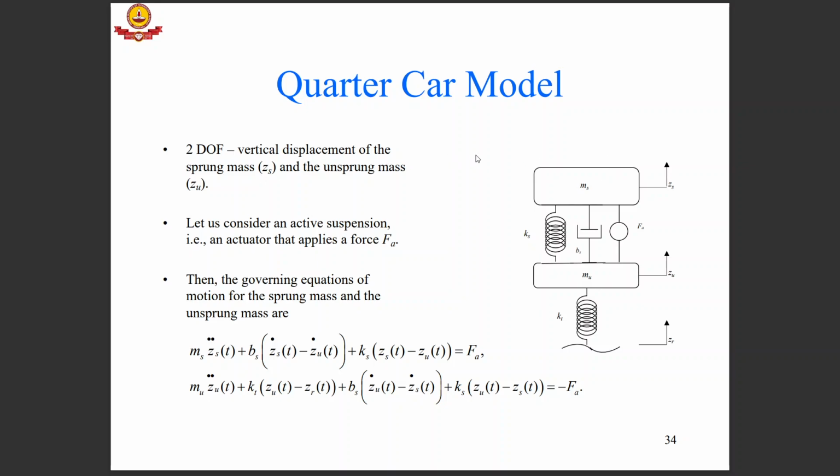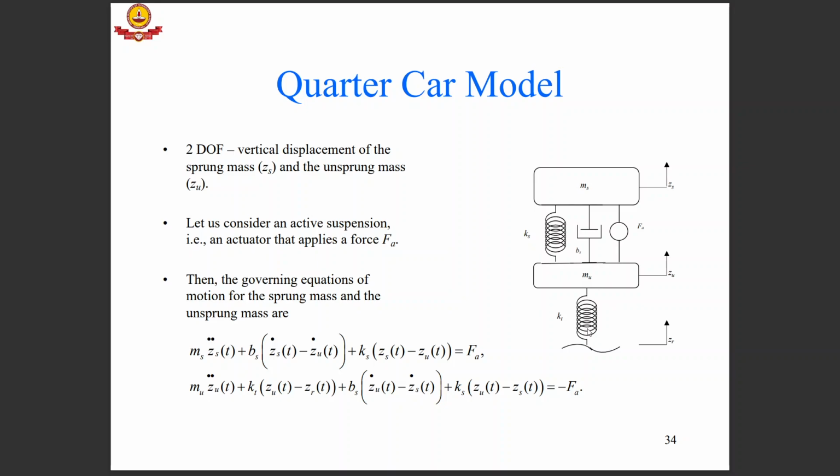Now there is a quarter car model which is shown here. It is 2 degrees of freedom, right? Where ZR is the input, ZU is the vertical motion of the unsprung mass, and ZS is the vertical displacement of the sprung mass. So the governing equations can be formed by drawing the free body diagram and balancing the forces here, right?